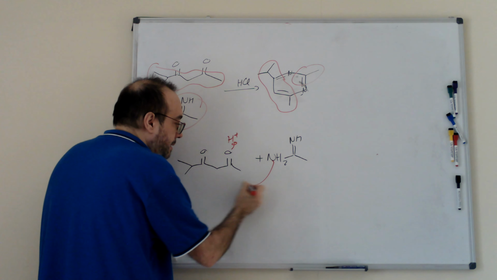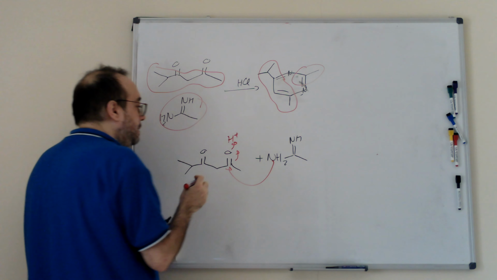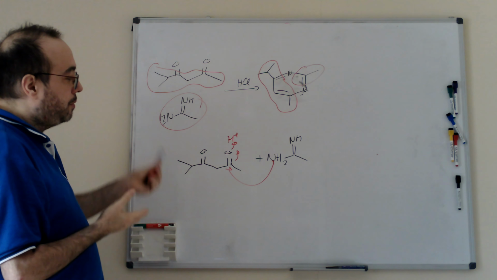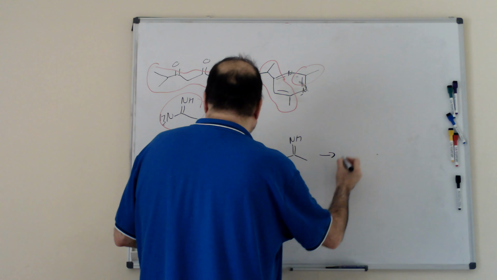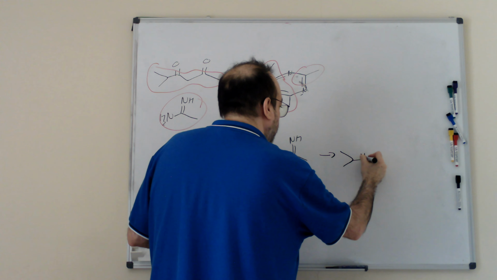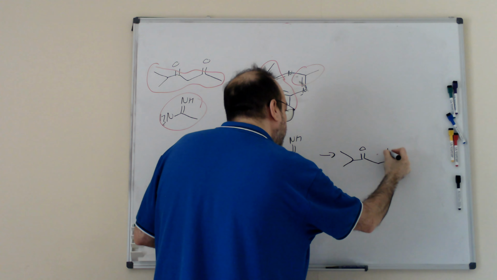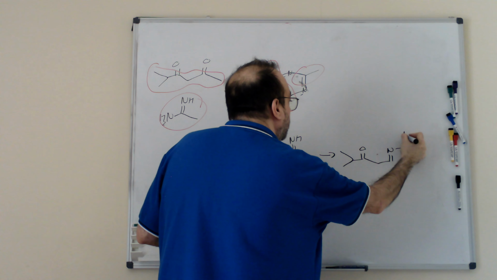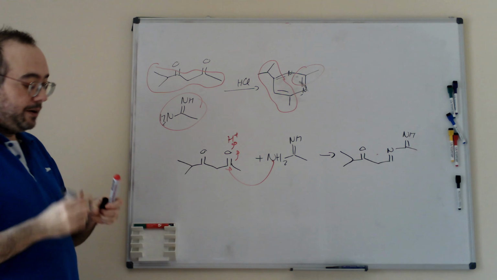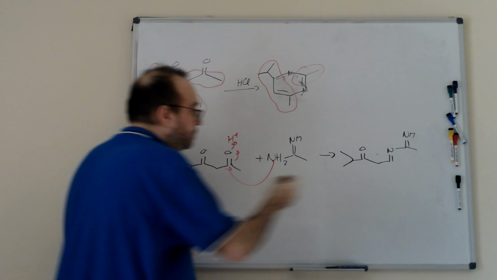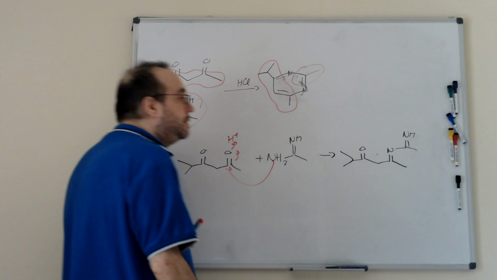Okay, and then the amine attacks here. We form the hemiaminal, and then elimination of the hemiaminal to form the imine. Okay? When we have this, basically, oops, sorry, here it's missing a methyl.